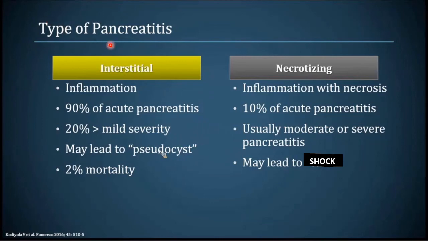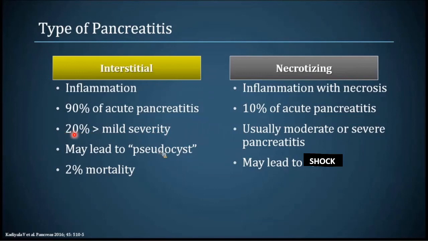The types of pancreatitis can be classified as interstitial and necrotizing according to the pathological changes that take place. The more common is the interstitial type. Okay, the inflammation in the interstitial tissues of the pancreas, which contributes to about 90% of all cases of acute pancreatitis, and most of them are mild.